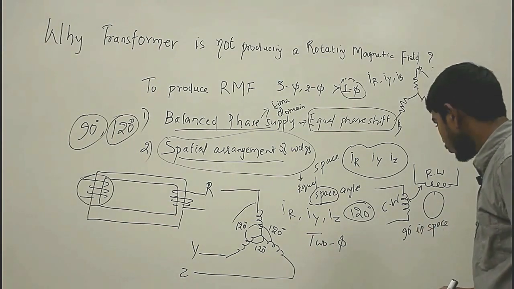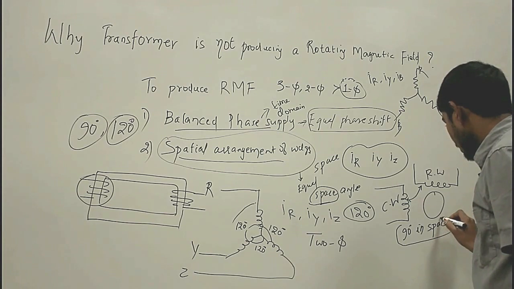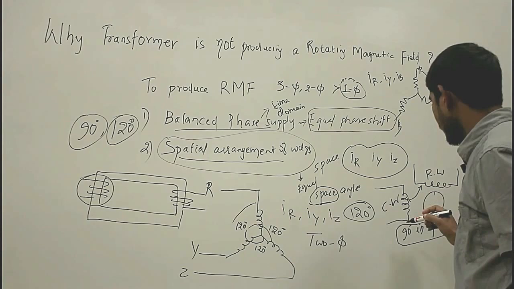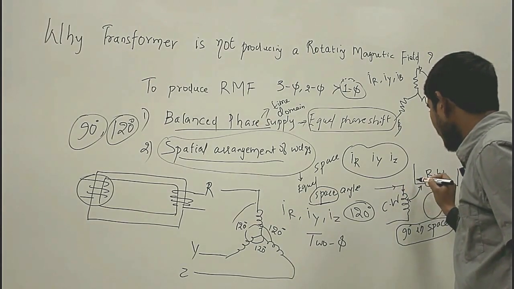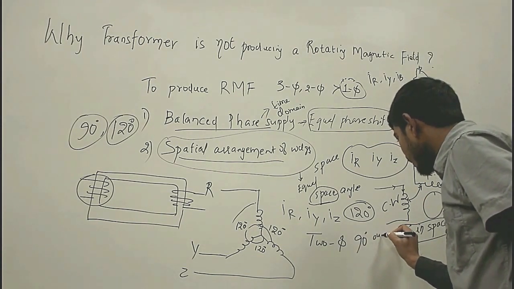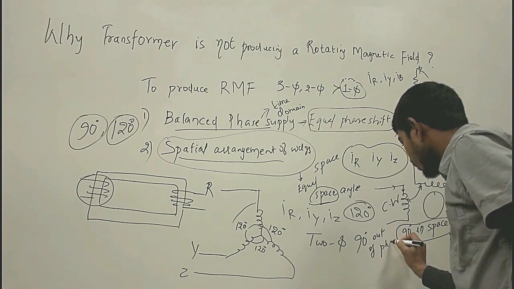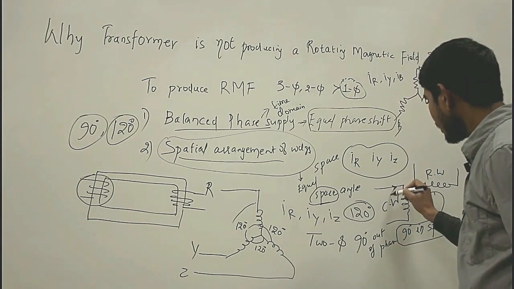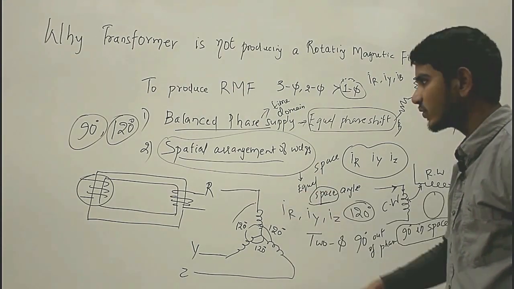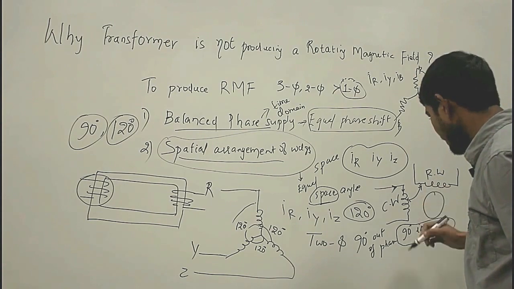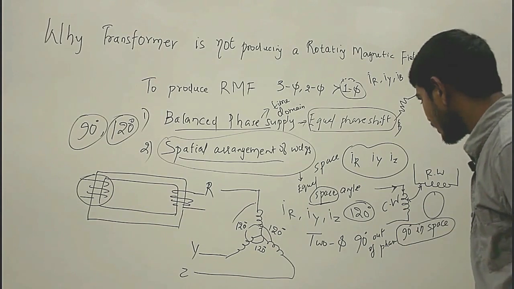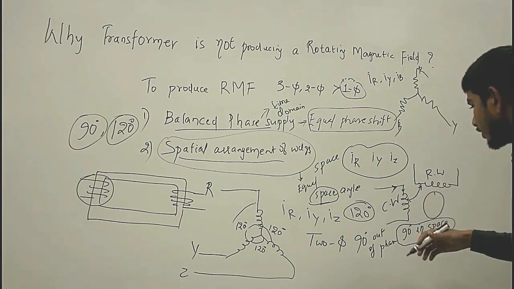The two windings are in space quadrature, they are displaced by 90 degrees in space, they are uniformly distributed, you can say, and the flux produced by the current in both the windings are also 90 degrees out of phase. That means the currents are equally displaced in time domain. That means you can say you are having a balanced phase supply, and the windings are also equally displaced in space domain. Now, as the two conditions are satisfied, here also you are going to have a rotating magnetic field.